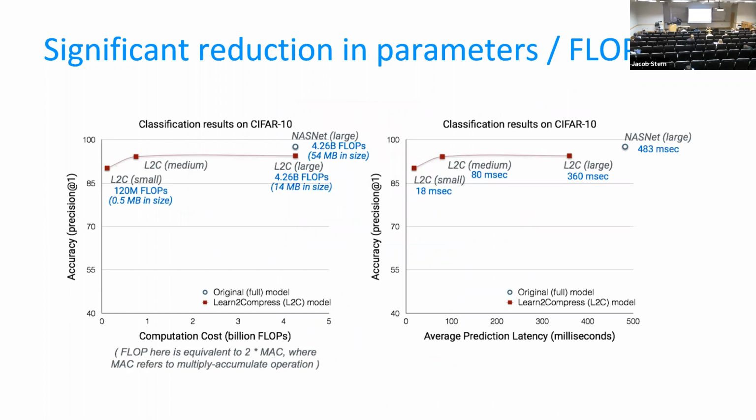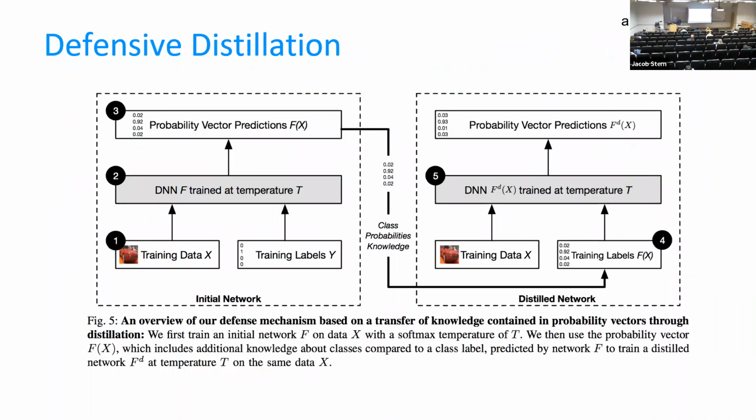With model distillation, you're able to achieve a significant reduction in model parameters with minimal cost to network accuracy. Defensive distillation works by distilling a neural network by training on those logits, and it basically softens the gradient so that the network is more robust to perturbations than the overparameterized large network.